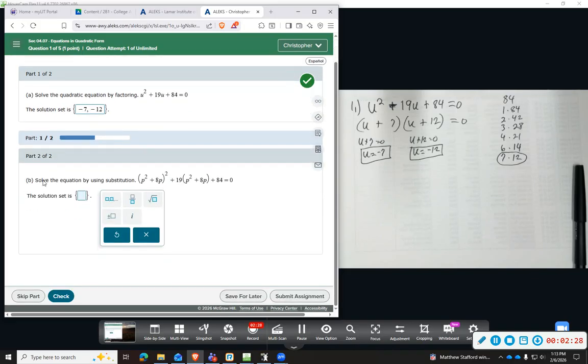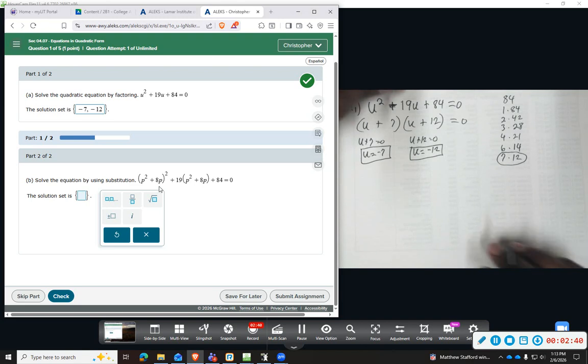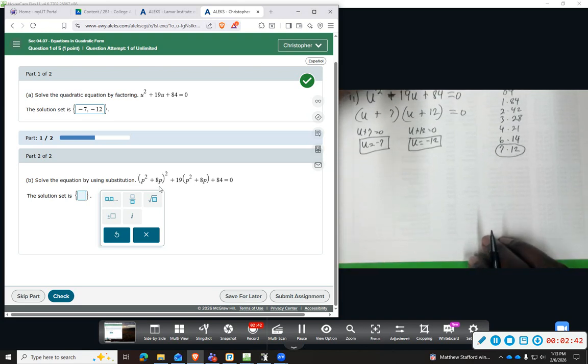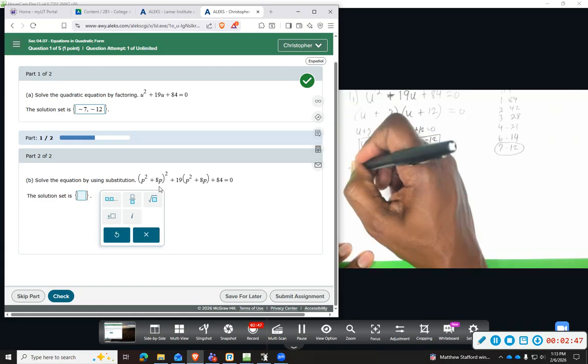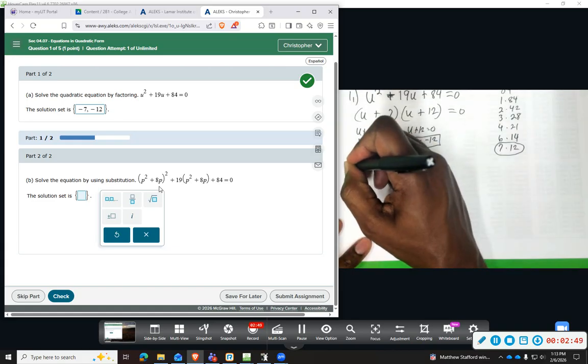All right, part B says solve using the substitution method. So what they mean here is we are given what looks like a quadratic equation, but it's in a different form.